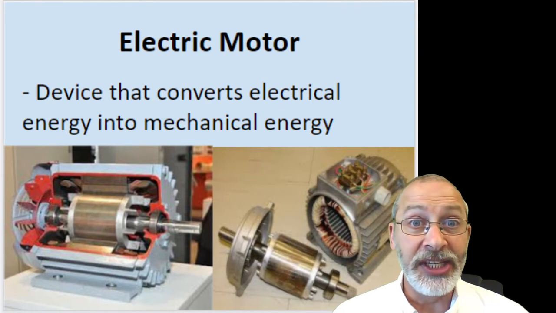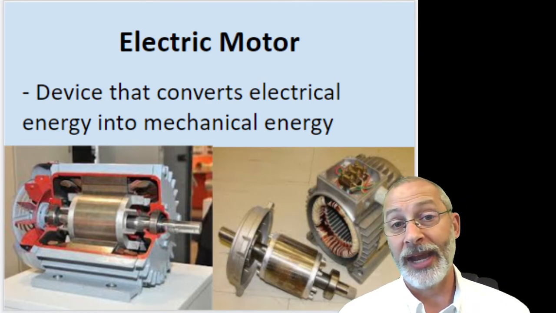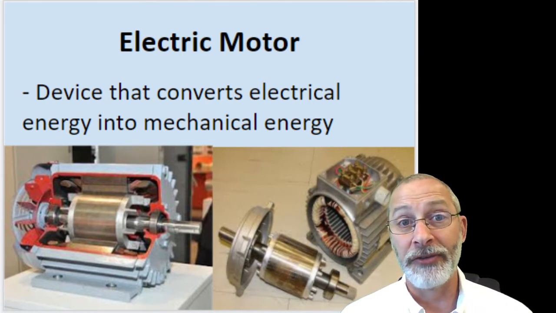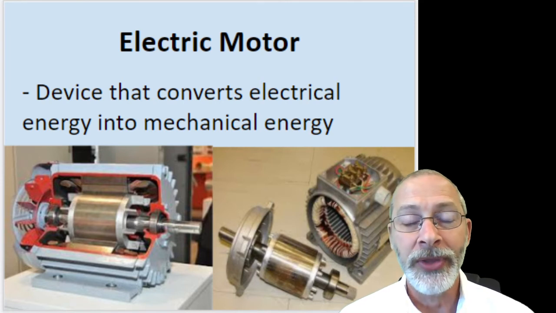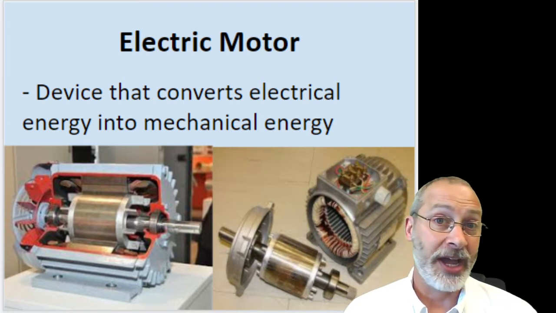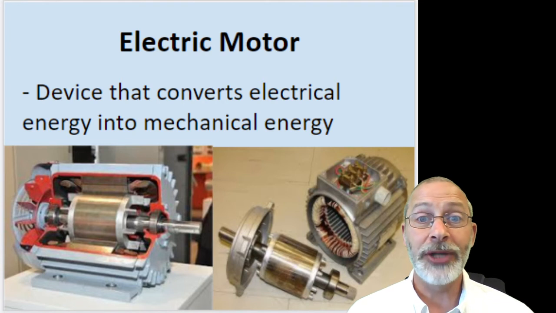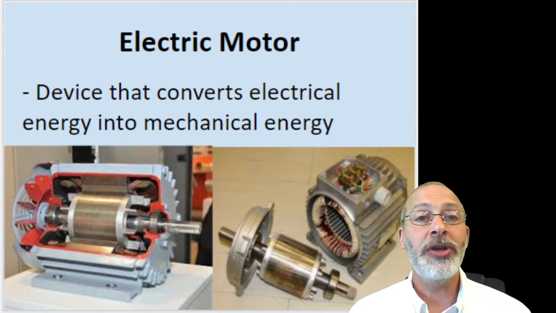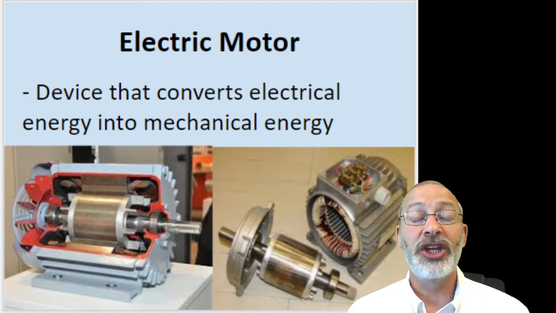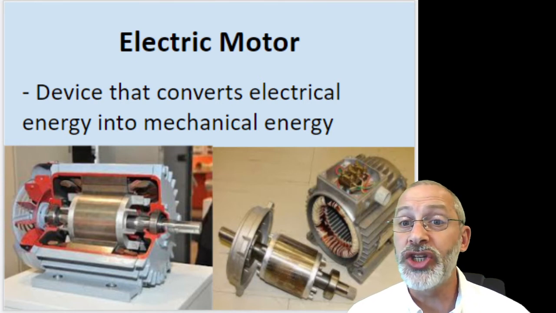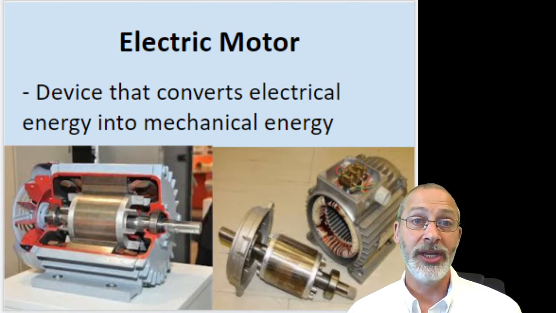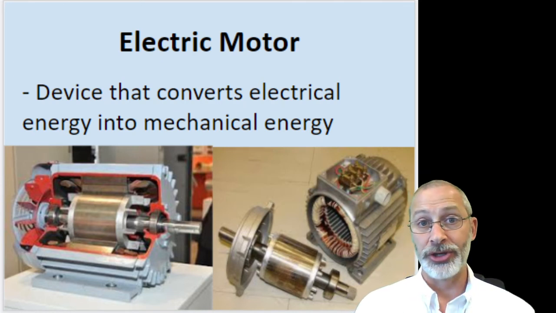In recent years, and I say recent years because I've been around a few more decades than you, but certainly in your lifetimes, this is like commonplace, electric motors, especially in cars. An electric motor is a device that converts or changes electrical energy into mechanical energy.